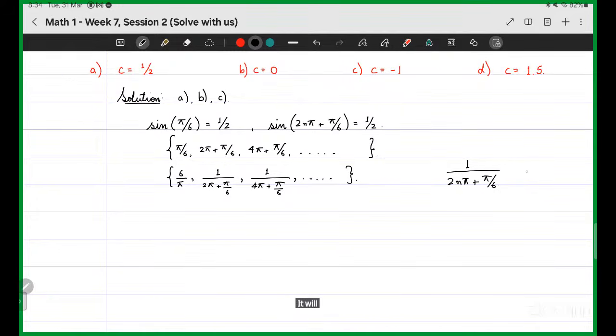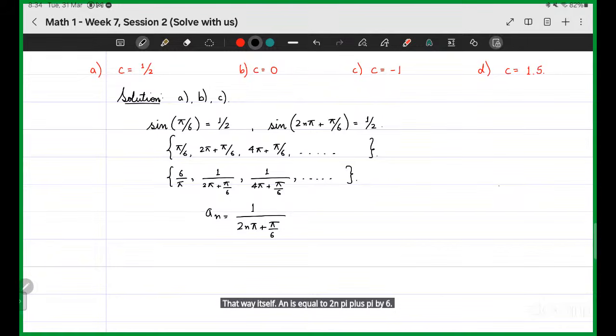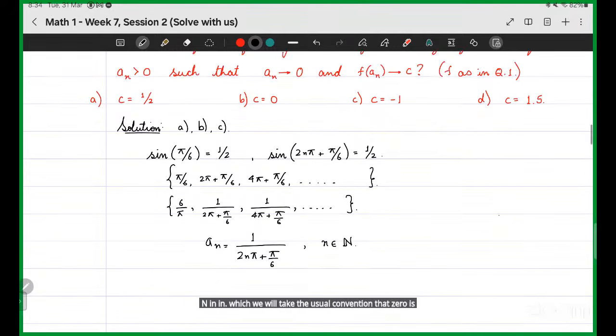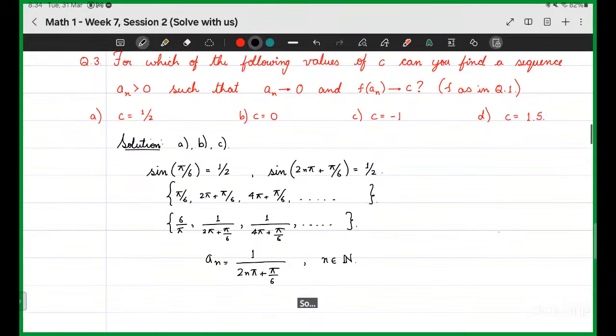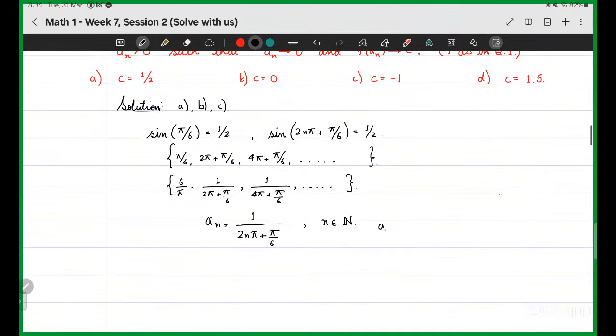So I'll write that down. a_n is equal to 1 over (2n pi plus pi by 6), n in the naturals, where we will take the usual convention that 0 is there. So a_n converges to 0. We have seen that.